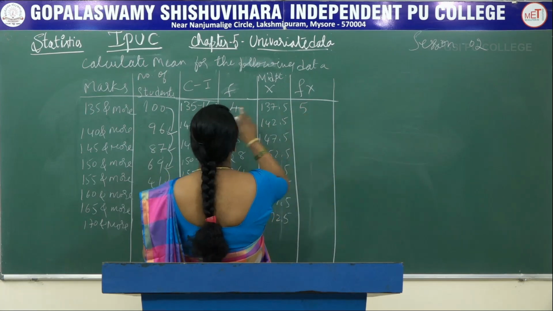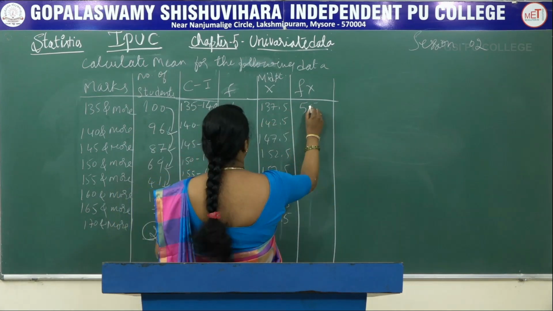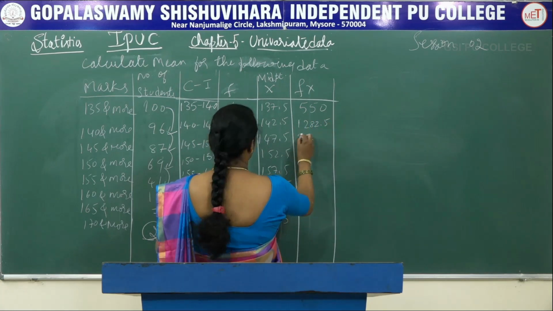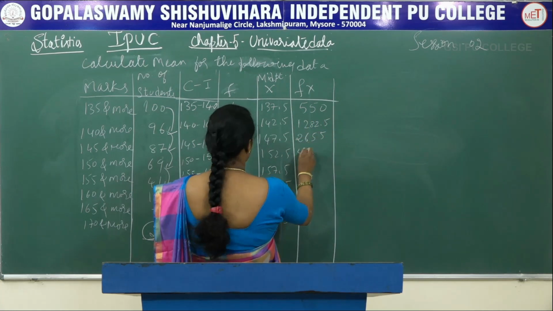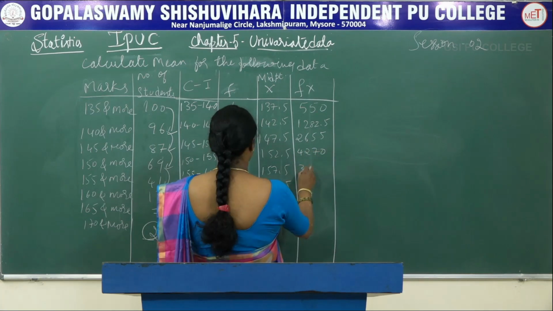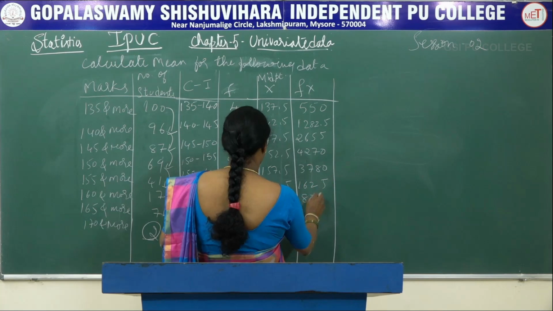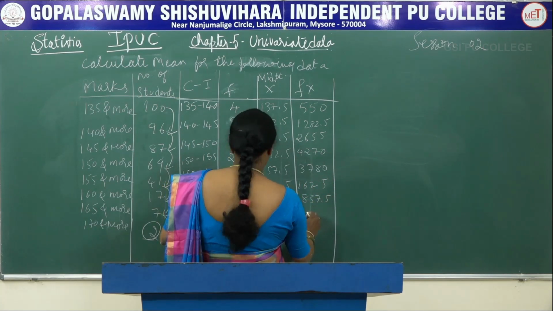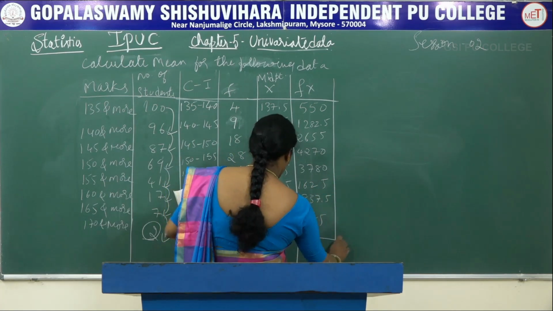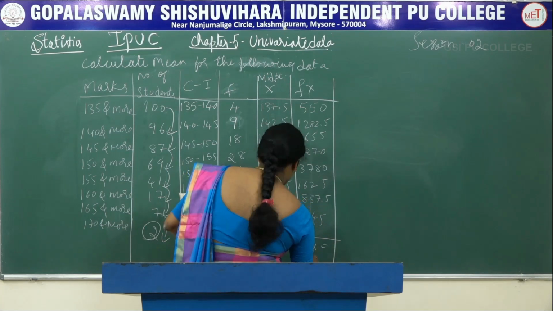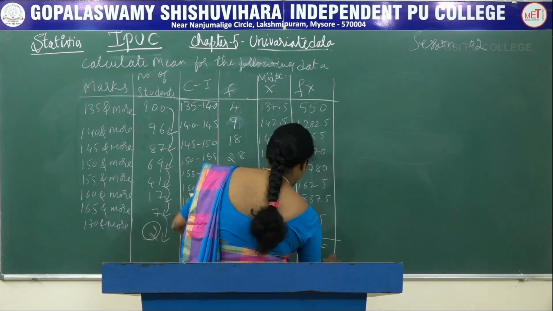If you multiply the f into x column, you will get the values like this. Now you take the sum of this, summation of fx is equal to 15345.